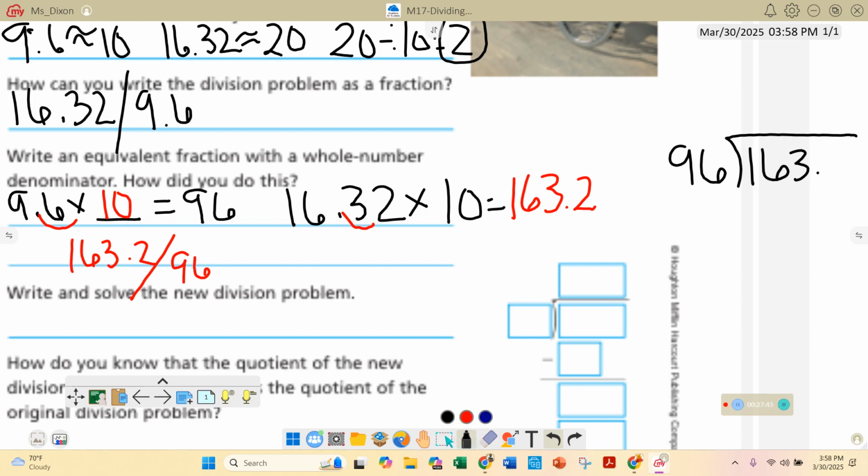That's supposed to be a 2. All right, when you are solving decimals in your division, the first thing you want to do is bring the decimal straight up. Bring your decimal straight up. Then solve it just like it is a whole number.